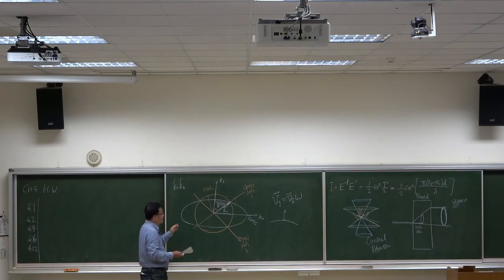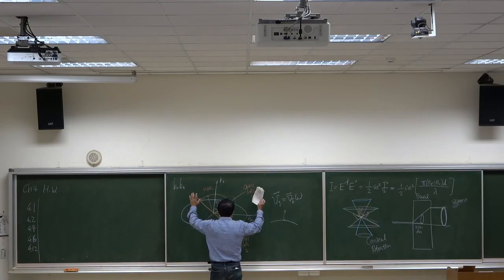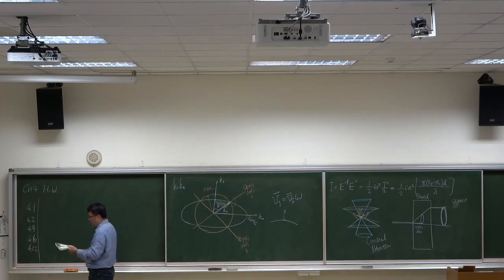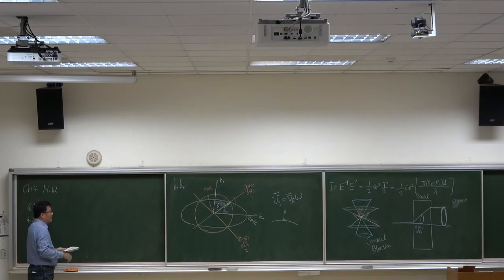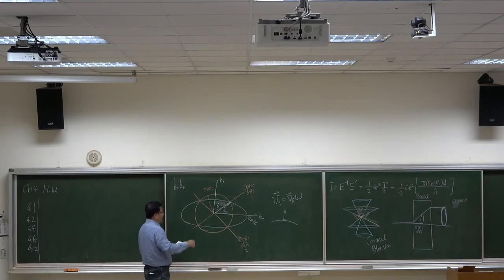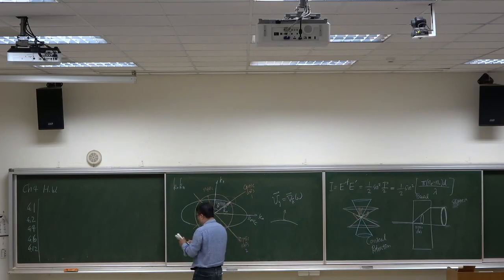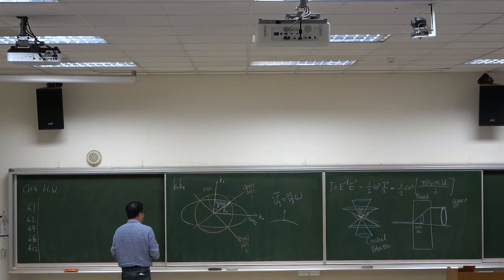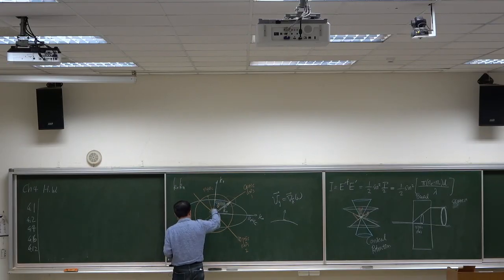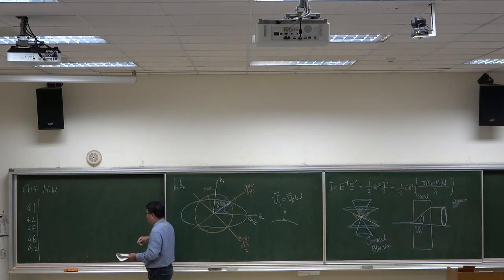Now these two optic axes are in the kx, kz plane. So this means that the k0 point is just the intersection point between this ellipse and this circle. So first we need to find the equation of the circle and the equation of the ellipse.